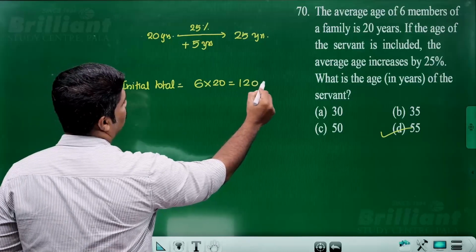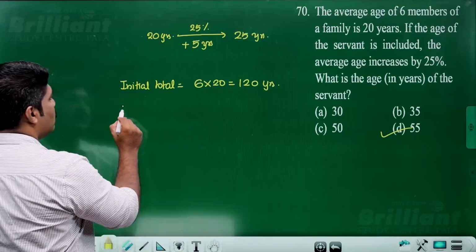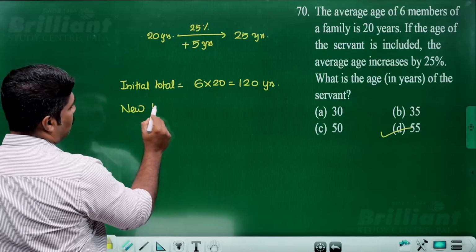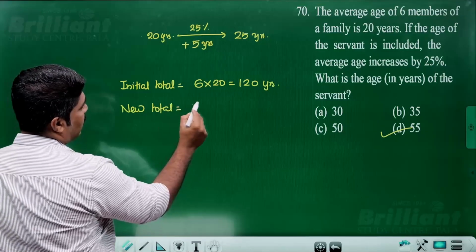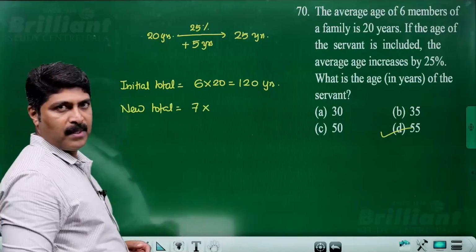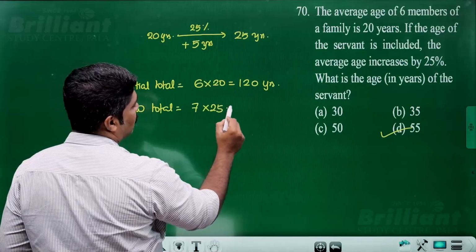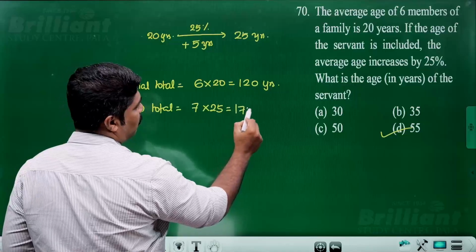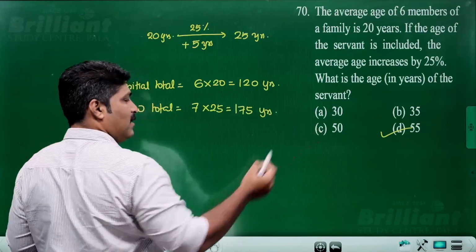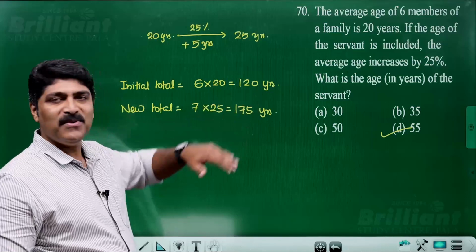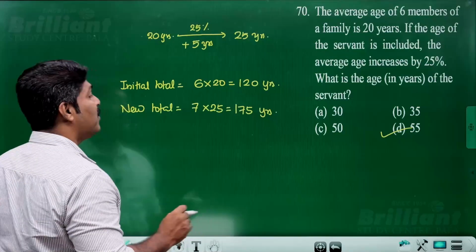Therefore, that is 120 years. Then the new total. Don't forget, here we have 7 members. One more member joined. And the new average is 25. What is it? 175 years. That's it. So the difference between these two values is the new member's age.